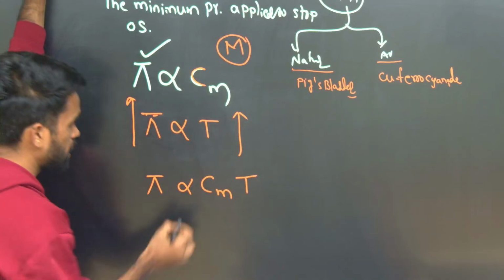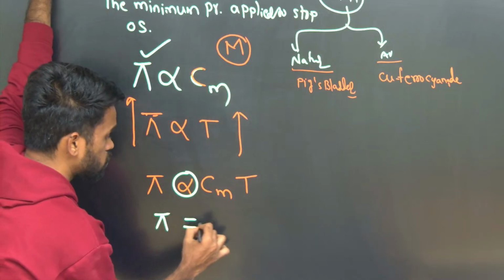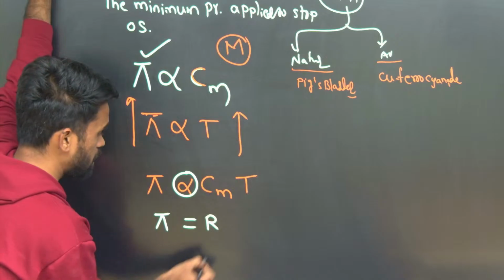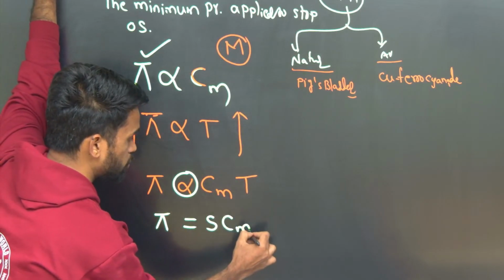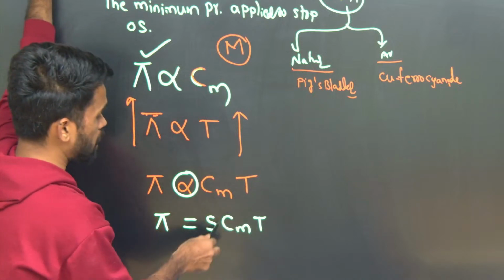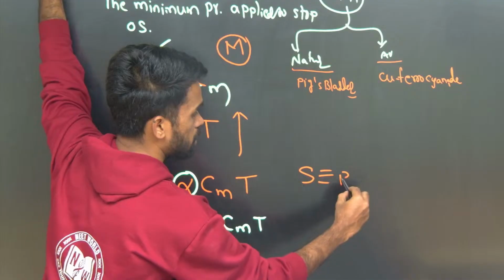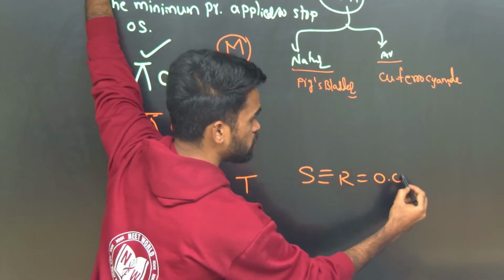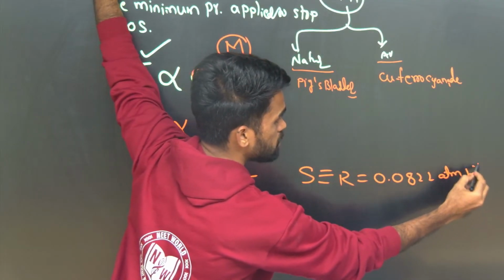So I can replace this proportionality with some constant. Here we can use R, the universal gas constant, or it can also be indicated with the symbol S, so pi equals S Cm T. Okay, so what is the value for this constant S? S can be represented with R also. It will be 0.082 liter atm Kelvin inverse mole inverse.